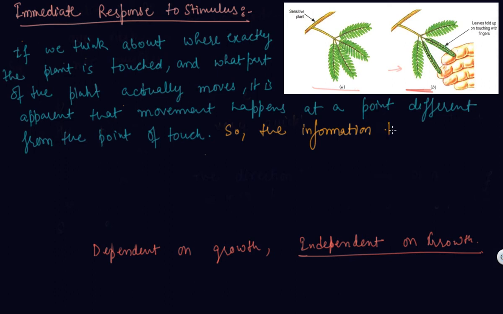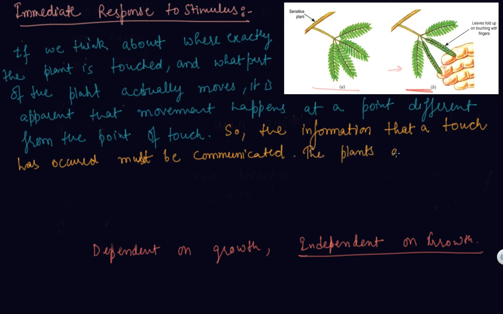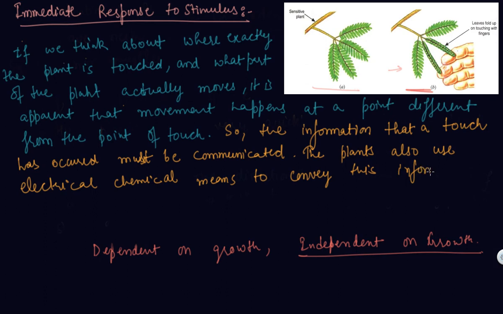Plants also use electrical and chemical means, like those used by animals or humans, to convey this information from cell to cell.